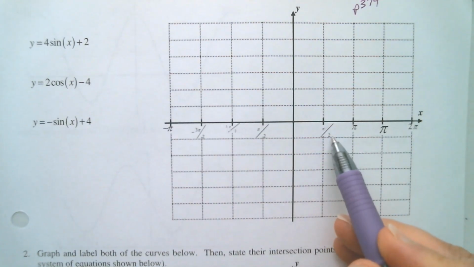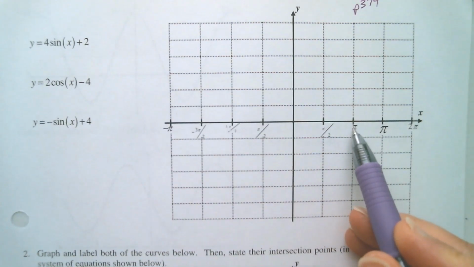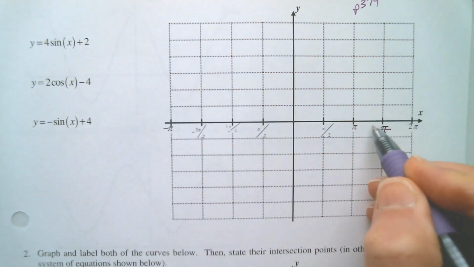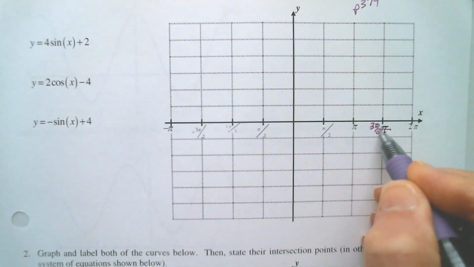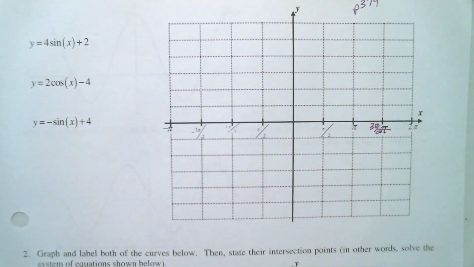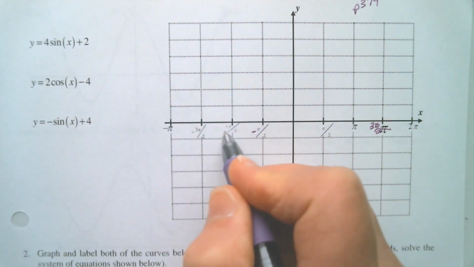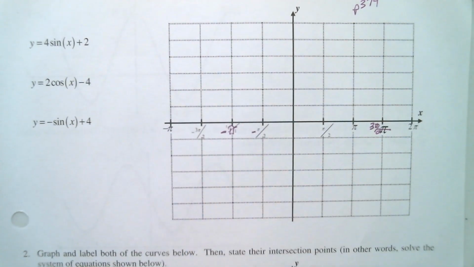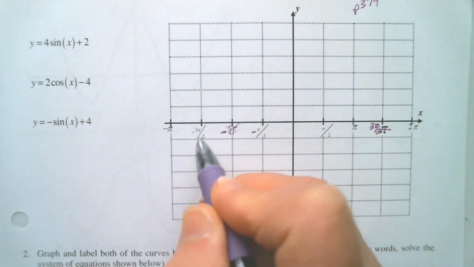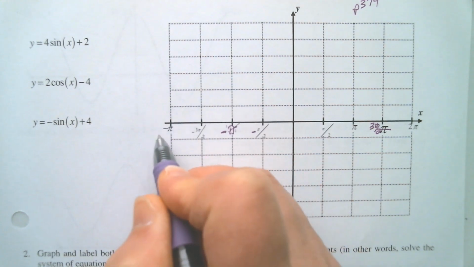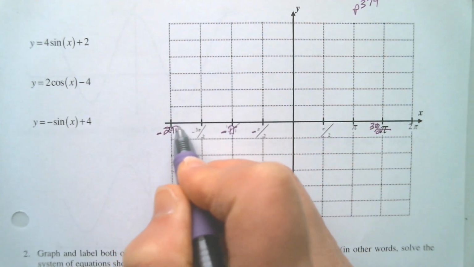So this pi over 2 is correct. Pi is correct. This should be 3 pi over 2. And 2 pi is correct. This is negative pi over 2, negative pi, negative 3 pi over 2 is correct. This should be negative 2 pi.